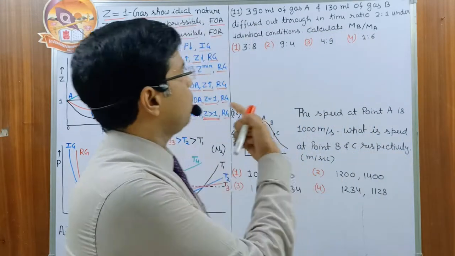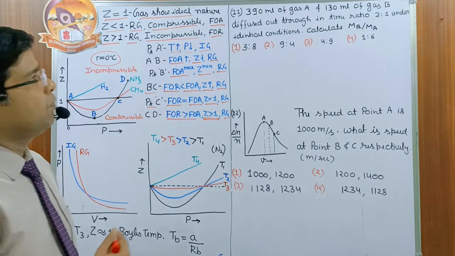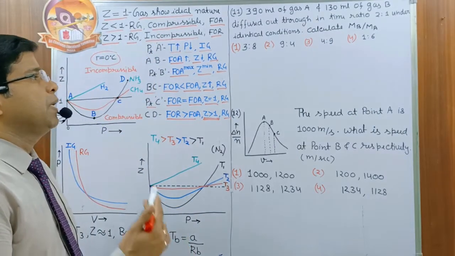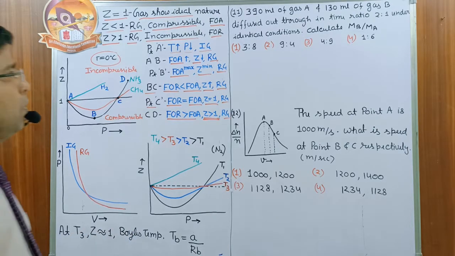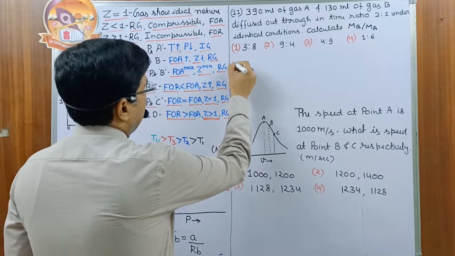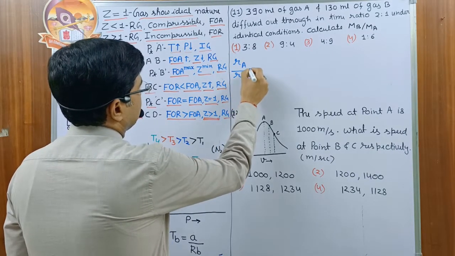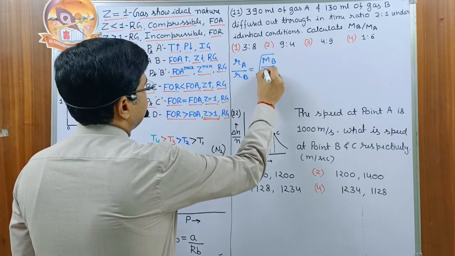Okay, now we see question number 11. 390 ml of a gas A and 130 ml of a gas B diffused out in the time ratio 2:1 under identical conditions. Calculate MB by MA. Look, we know this formula: RA divided by RB is equal to under root MB divided by MA.